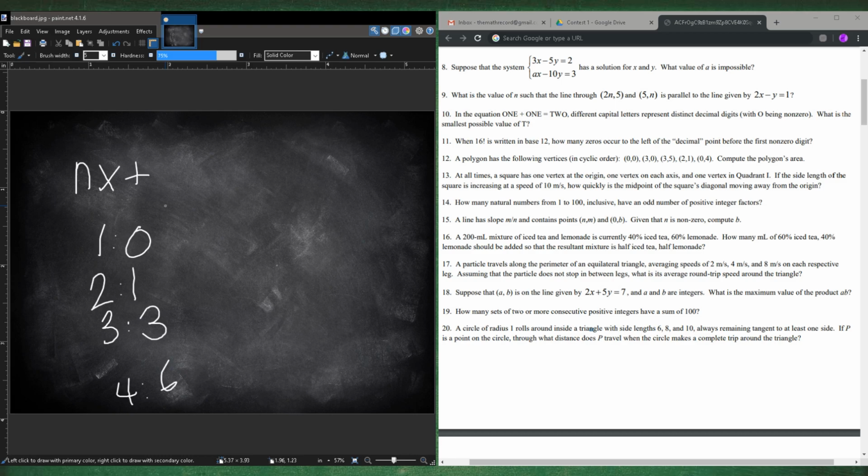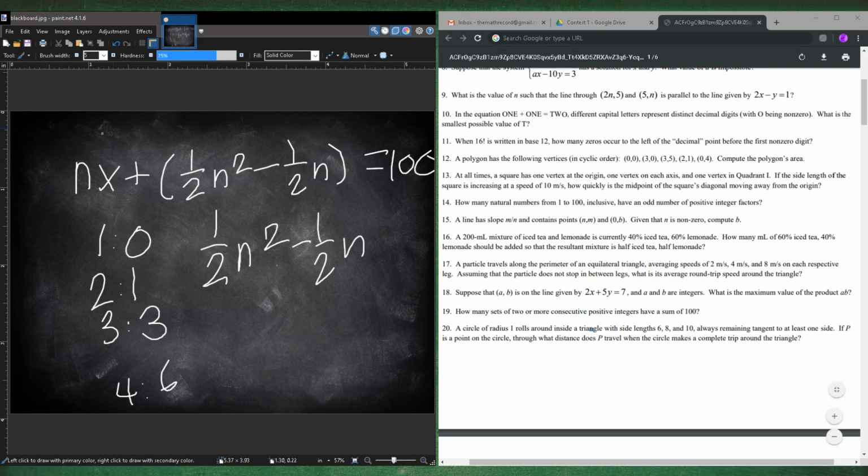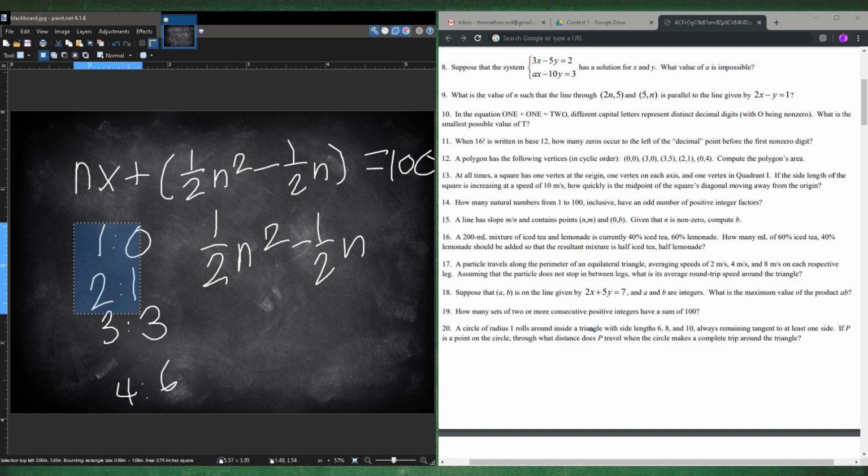What that tells me is that b is 1/2 n squared minus 1/2 n. So for 2, that's 4 over 2 minus 1, yep. For 3, that's 9 over 2 minus 3 over 2, which is 3. For 4, that's 16 over 2 minus 2, which is 6. Yep, so nx plus 1/2 n squared minus 1/2 n is equal to 100, and x and n have to be integers. So that's our general equation.